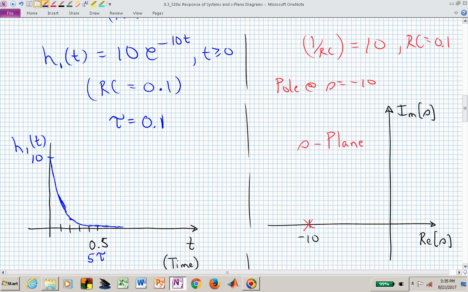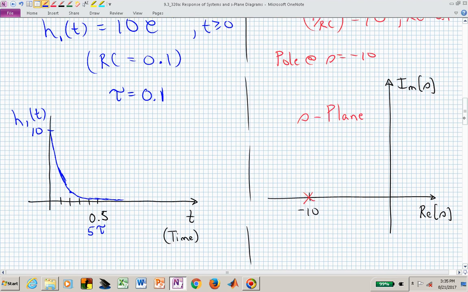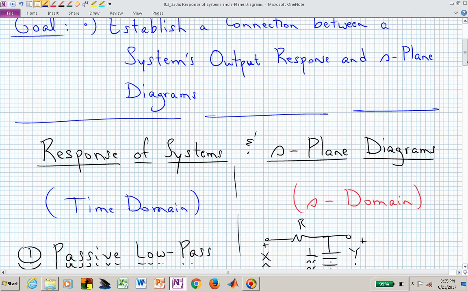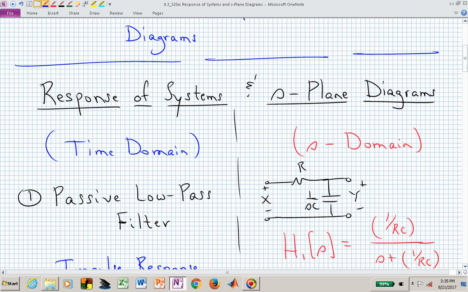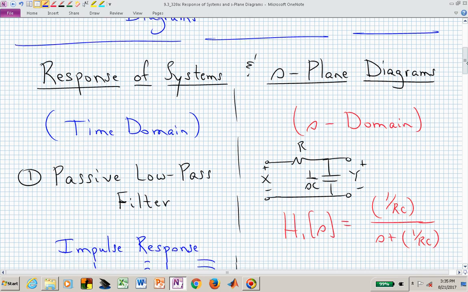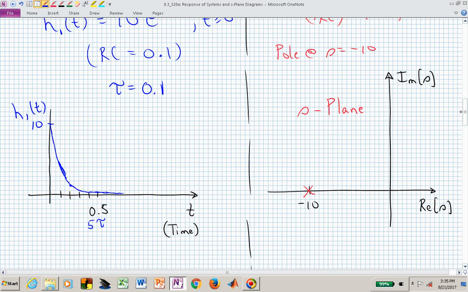But this is now the connection between a pole pattern in the s-plane, a pole at minus 10, and what that looks like as an impulse response. And what does that mean? Well, that says that if I hit or excited this circuit, this low-pass filter, with an impulse at time 0, then what you're going to see at the output is exactly what h sub 1 of t is.